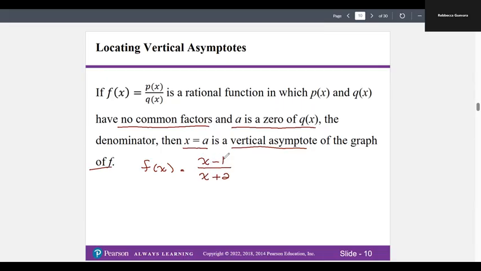So that means if we have x minus 1 and x plus 2, no common factor. So we would see that the vertical asymptote, VA, would happen at x is equal to negative 2, because that's where I'm undefined on the bottom.